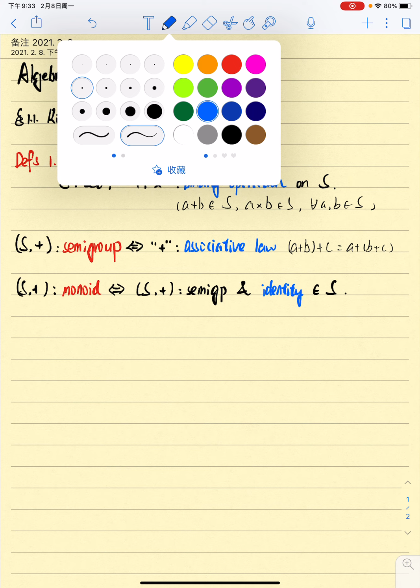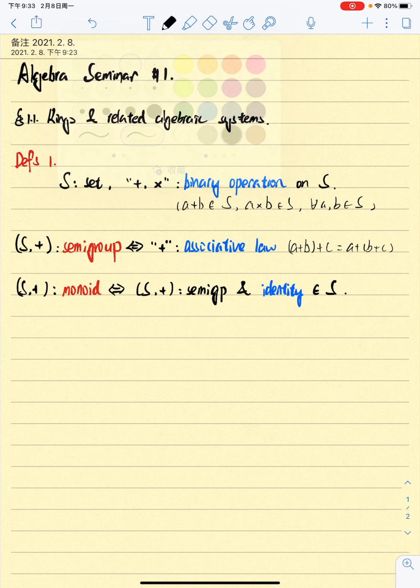Identity means for every element in S, suppose here the identity is 0, that is, for every element, A plus 0 equals A, and 0 plus A also equals A for every element in S. This is the definition of identity.